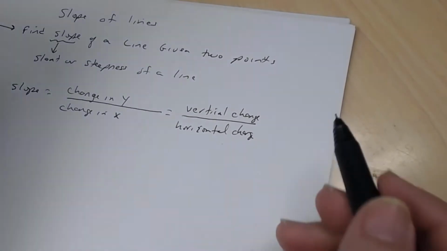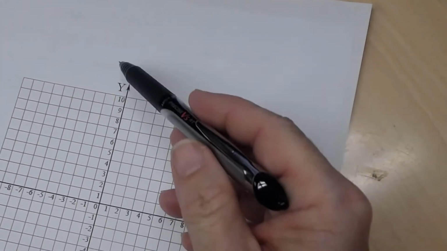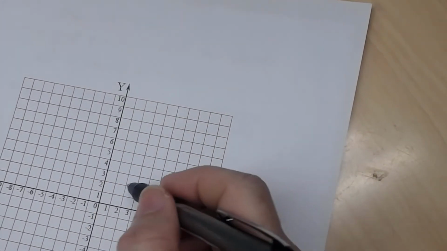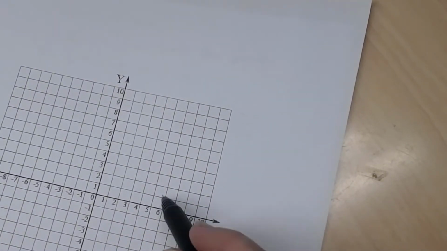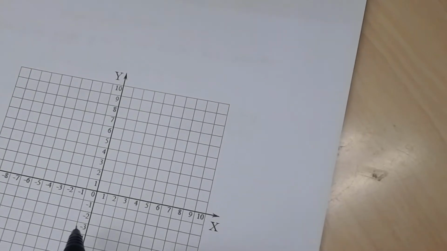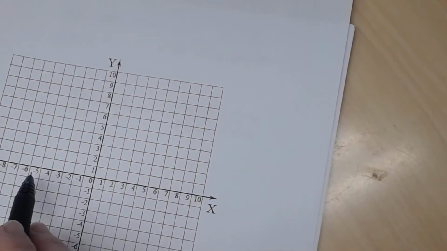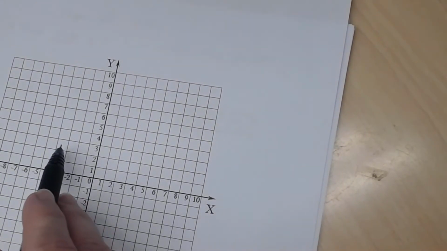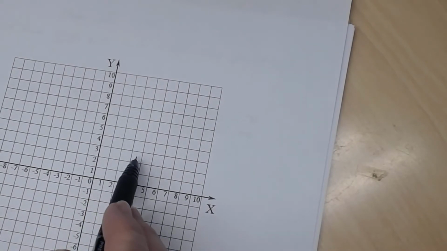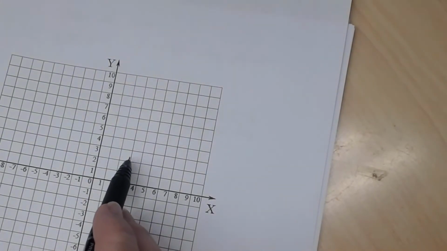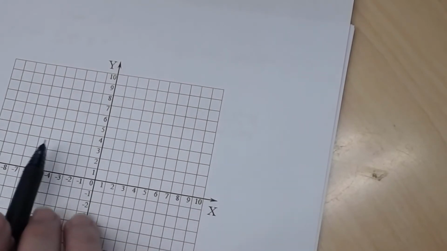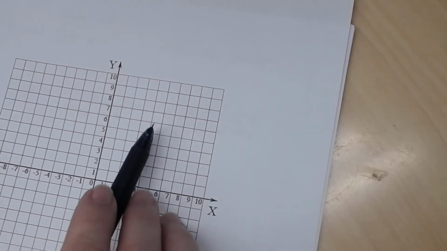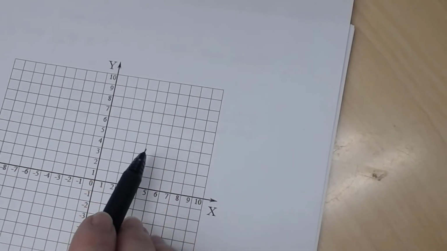All right. Now notice that the y-axis goes up and down. So if I start at this point and I go up, I'm rising. And then the x-axis is horizontal. So if I start here and go horizontal, I'm going to use the word running. Think of it a lot like going up a hill.